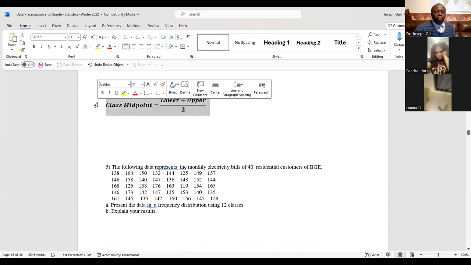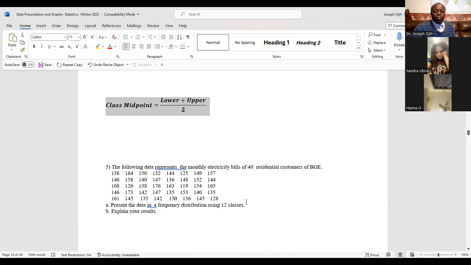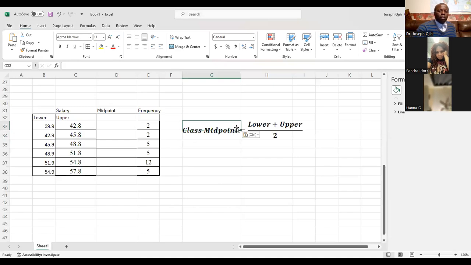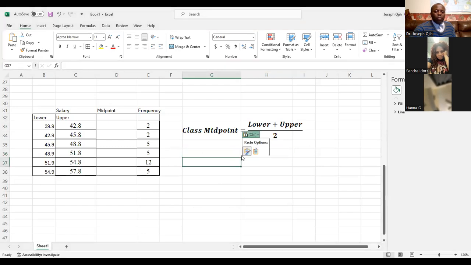Class midpoint is right here, this one. I'll copy this so you can see it. This is the formula right here. See? Lower plus upper divided by 2. That's the formula.